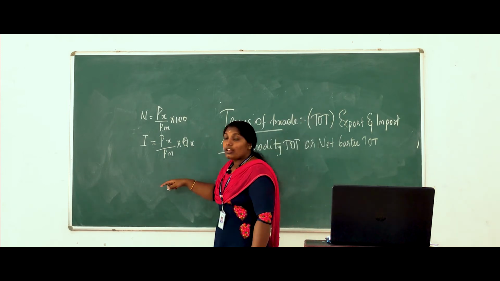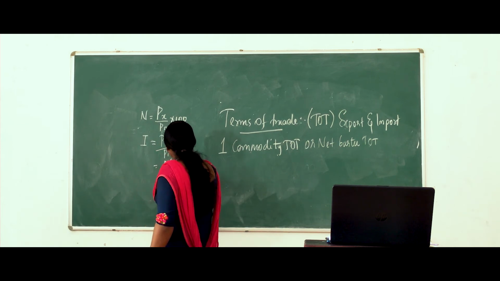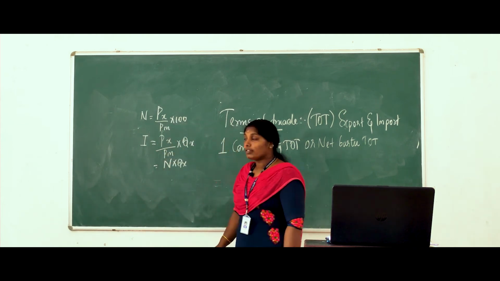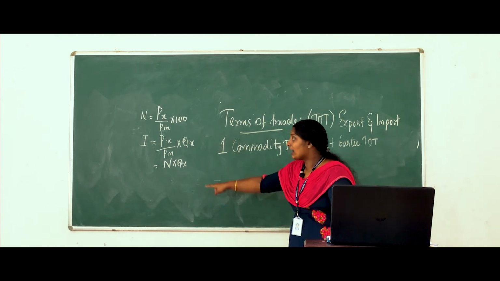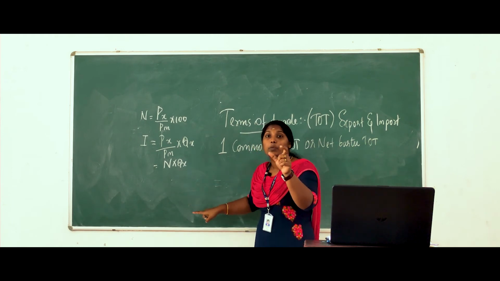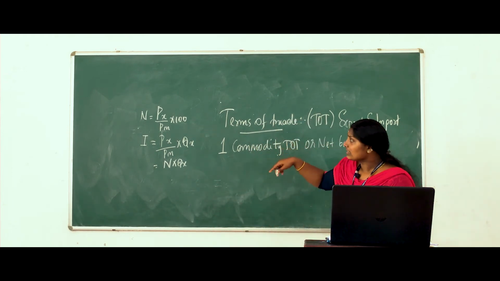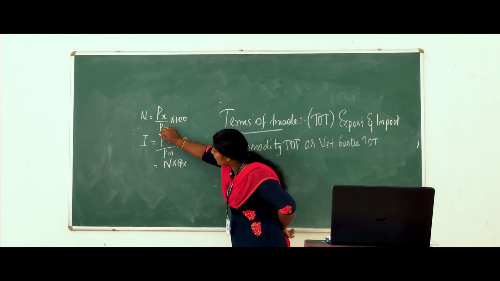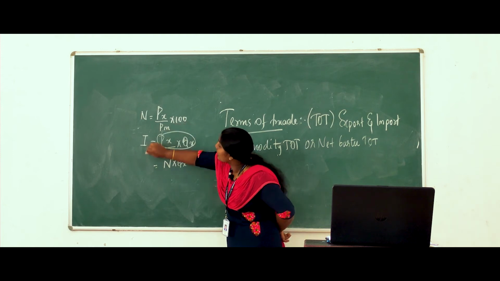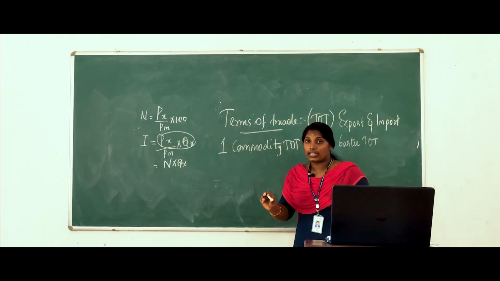So it is also rewritten as N into Qx. The upper part of the equation, Px into Qx, is the total export earning.